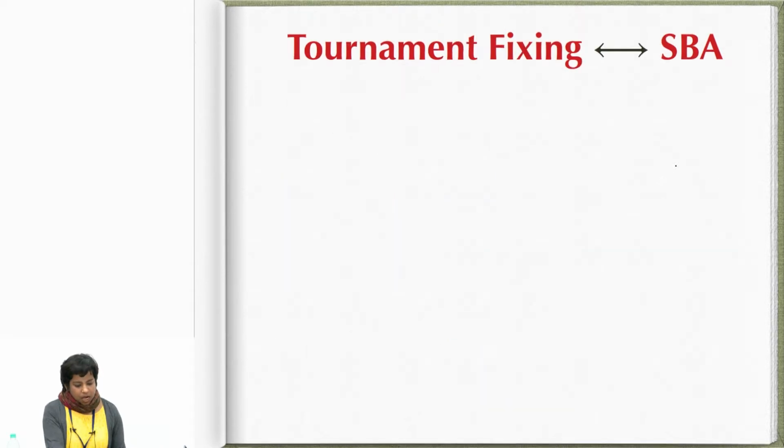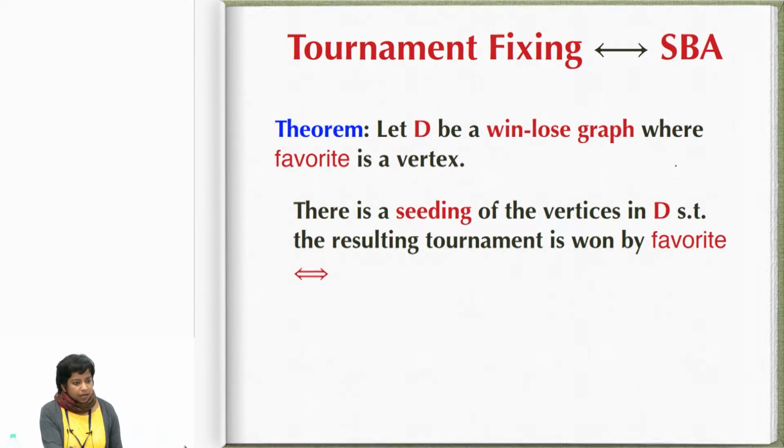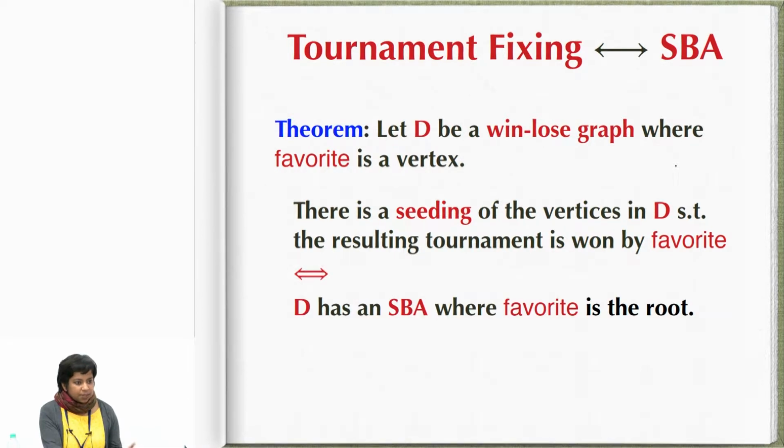Okay. So tournament fixing, the problem that we are interested in, is equivalent to solving this particular problem involving SBAs. Does the win-lose graph have an SBA, a spanning binomial arborescence, where the favorite is the root? This is the combinatorial question.